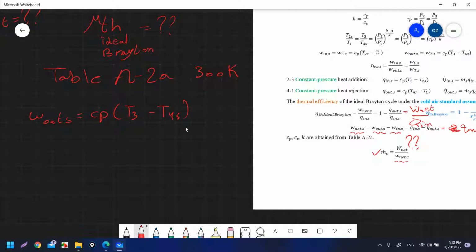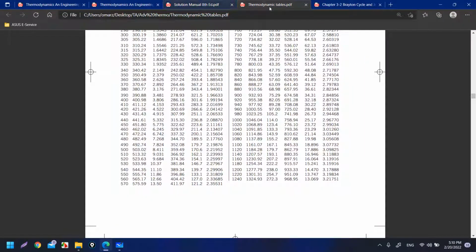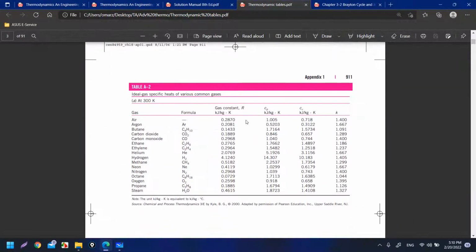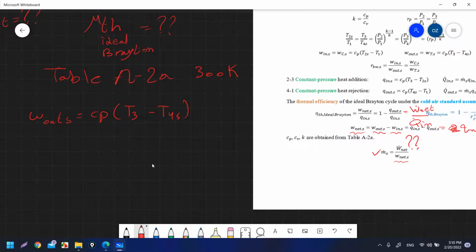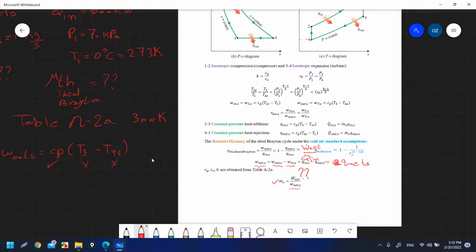Cp from table A-2a is 1.005 and Cv is 0.718. I have Cp, but I don't have T3, it is not given in the question, and I also don't have T4s. So how can I find T3 and T4s?